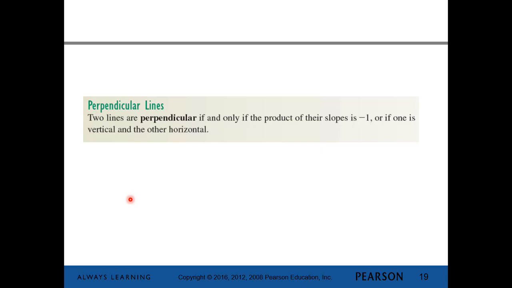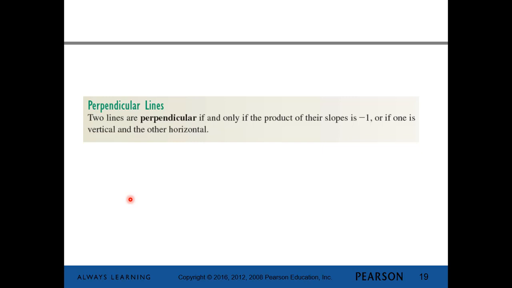Okay, because you can't take the slope of a vertical line and multiply it by the slope of a horizontal line, because the vertical line has an undefined slope. So that's why we add that. So the one way of looking at it is basically saying if you multiply the two slopes and they give you a product of -1, then the lines must be perpendicular.